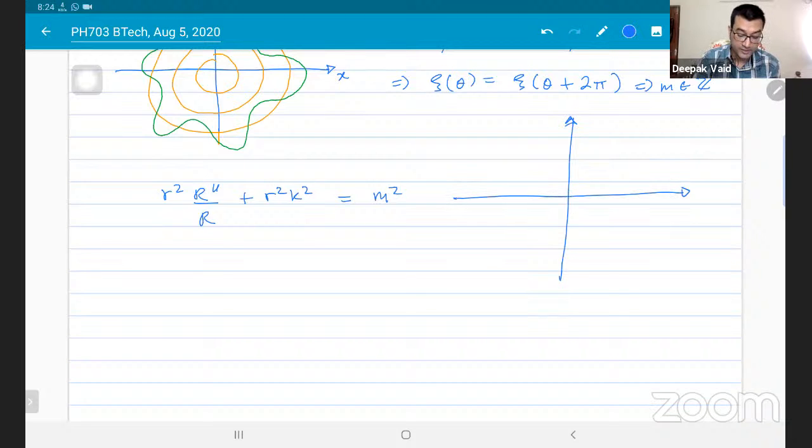If I look in the radial direction, so now this is r and this is the amplitude of the wave function, right? It's the same in all directions, no? Because there is no dependence on theta. So what should be the form of this? Well, for the ground state, if you have some sort of finite potential, it is safe to assume that the ground state might look like this.